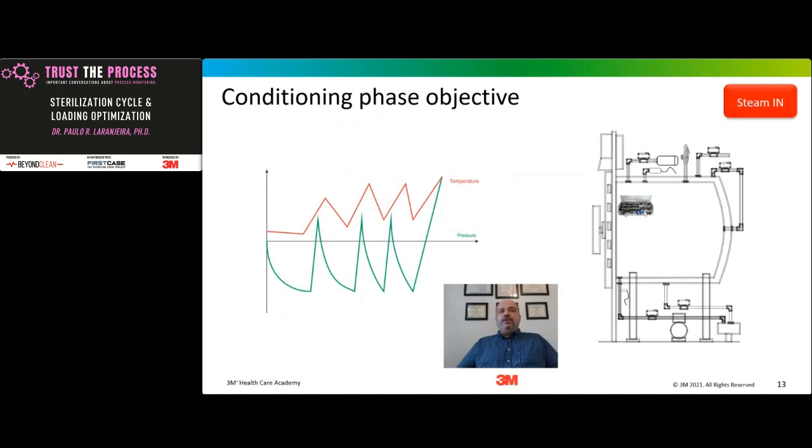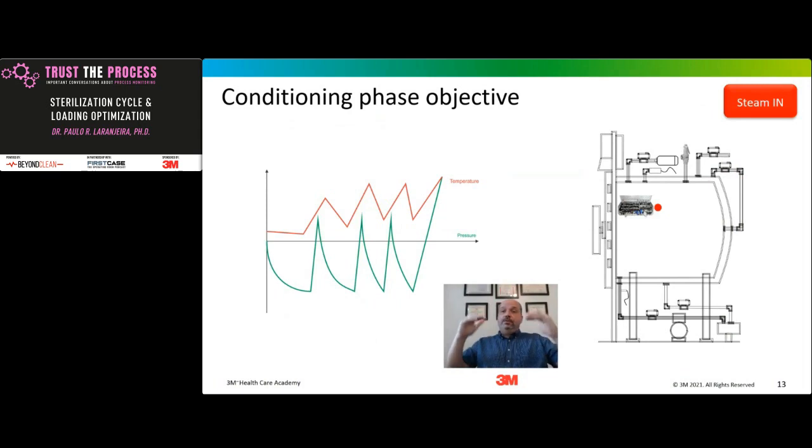And as I reduce the condensate formation, I'm going to have shorter and shorter vacuum pulses. So this is how you see if you're having too much condensate: if the time between vacuum pulses gets too long, it is because I have too much condensate. And this is an example of how the steam is going to go inside of the chamber and get in contact with the surface of the medical device.